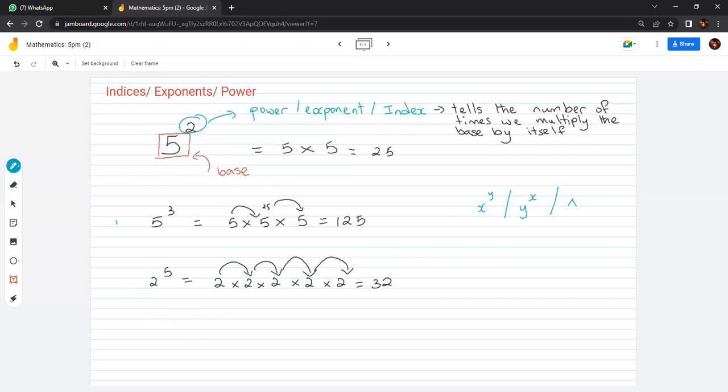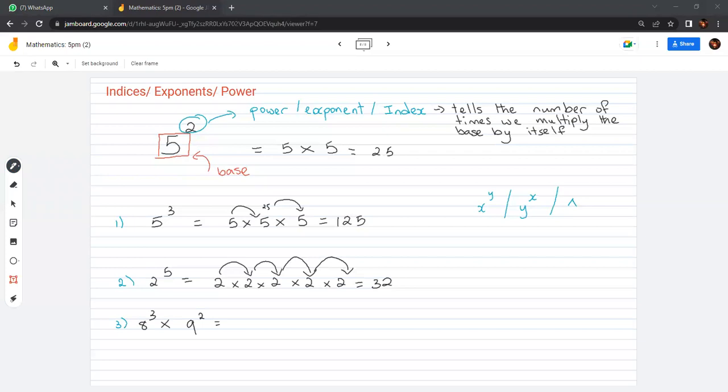Right, so this is if they ask you to find the value. So let's say they asked us to find the value of this one. You know 8 cubed is 8 by 8 by 8 times 9 squared is 9 by 9.